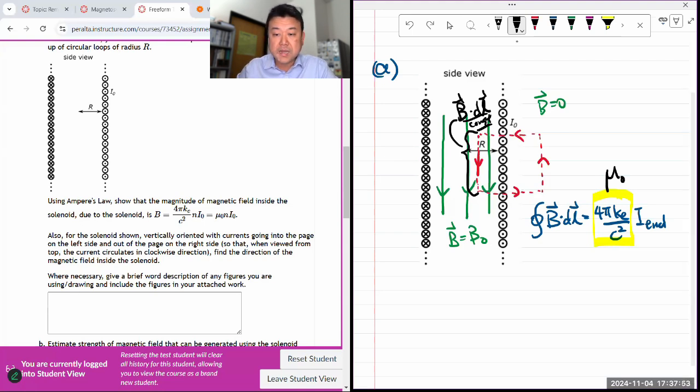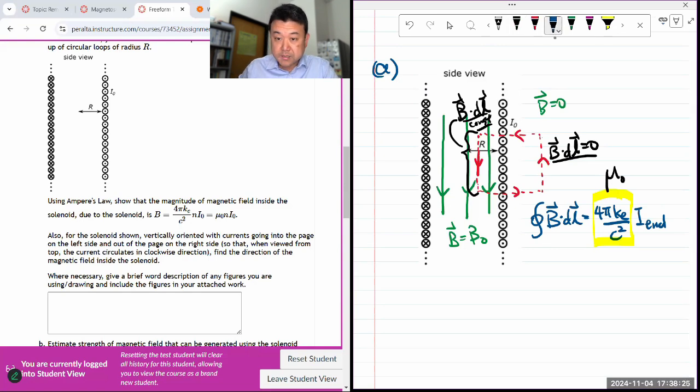For B dot dl along the outside, again, I prefer to prove it. The way to prove it is to pull that segment out to infinity, where B must be approaching 0, so B dot dl is 0. As you bring it in, nothing changes, so even immediately outside the solenoid it is 0. I'll just say outside, B dot dl is 0. Again, I prefer to prove it, but if you don't prove it, that's fine. Your textbook does the same thing.